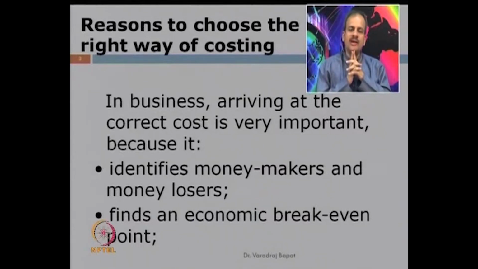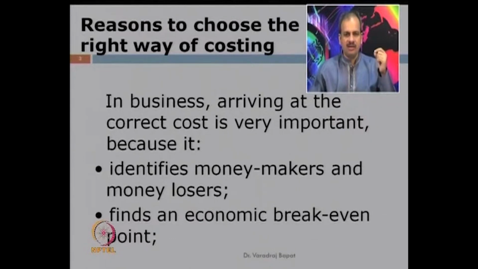Now you all know that it is very important that we arrive at a correct cost, whether it is product, whether it is process, whether it is a project. It is very important that the company knows what is the cost it is incurring for the same, because we can identify money makers and money losers.